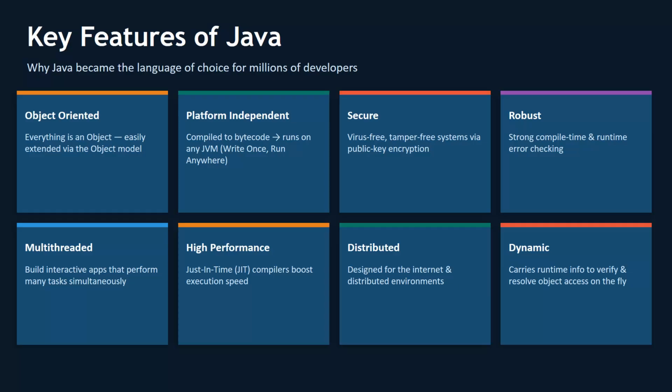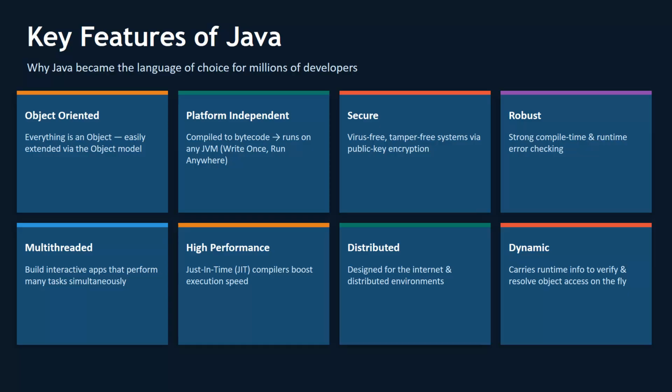We also have high performance, where just-in-time compilers boost execution speed and you receive the best applications working at a higher speed rate. That is very important for you to note.